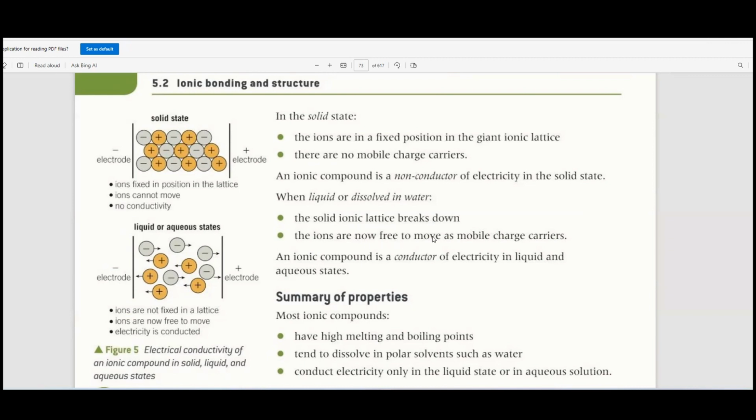The ions are now free to move as mobile charge carriers. An ionic compound is a conductor of electricity in liquid and aqueous states. Why? Because it has free-to-move mobile charge carriers, which are the ions. And there are no mobile charge carriers when it's in solid state. That's why it does not conduct electricity. Does that make sense?